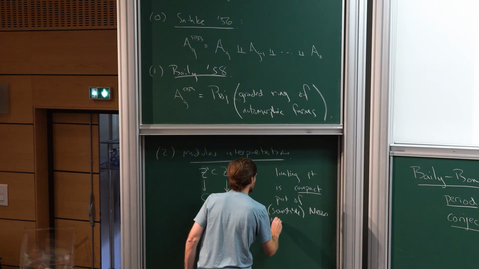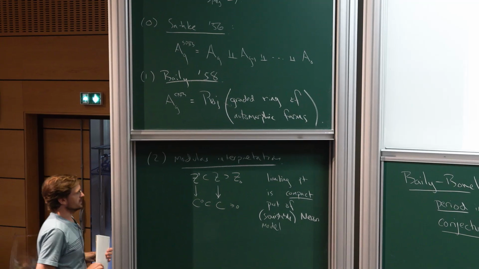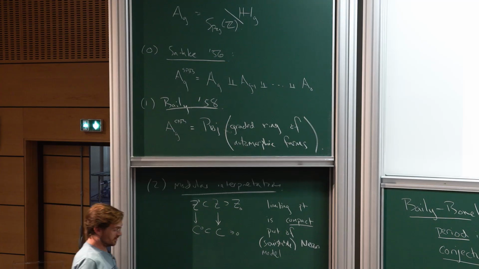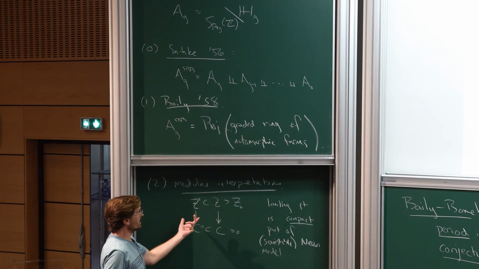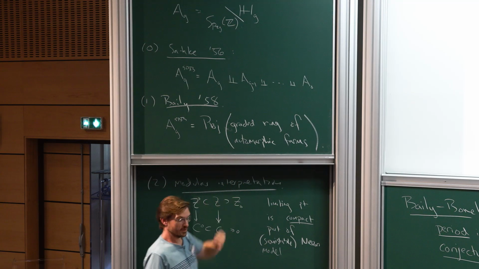So in other words, usually the Néron model is some group scheme that has a semi-abelian connected component, and we throw out the torus part and just remember the compact abelian variety. That's an abelian variety of dimension anywhere between g and 0, and that's what the limiting point is.